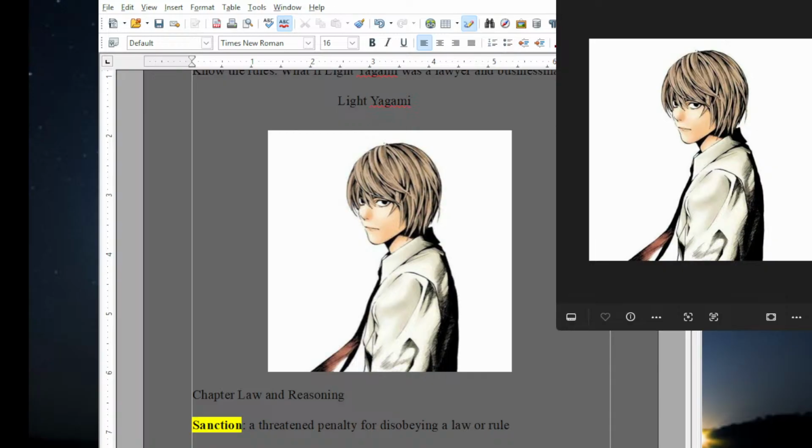Thus, the study of business law necessarily involves an ethical dimension. Many different laws may affect a single business decision.